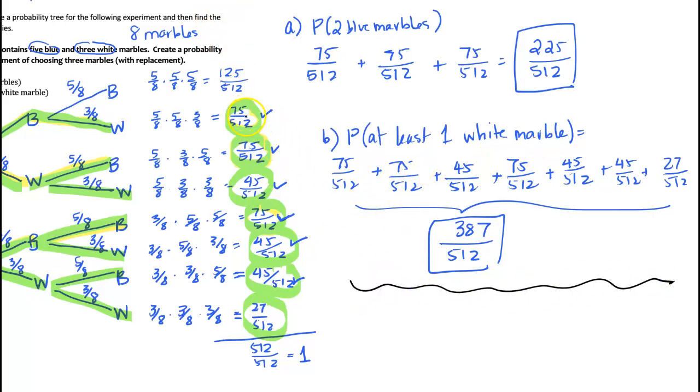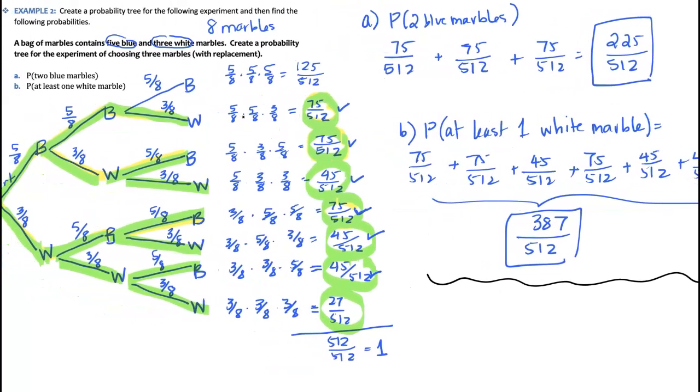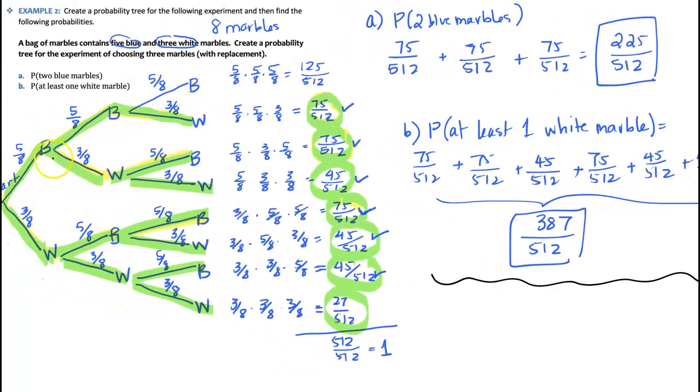If you notice, all of the green circles that we had for probability of at least one white in the branches that we combined together, it included every branch except the very top branch of having all blue marbles. So we could use the complement here.